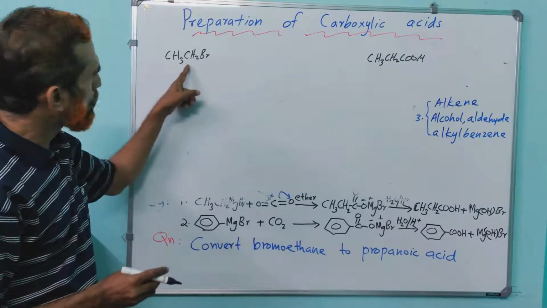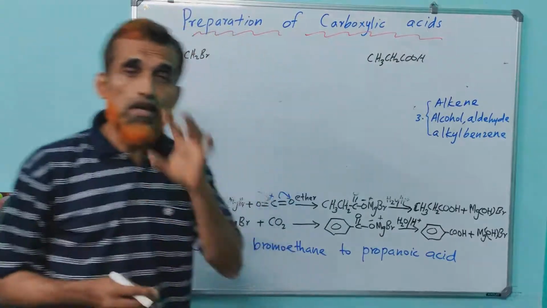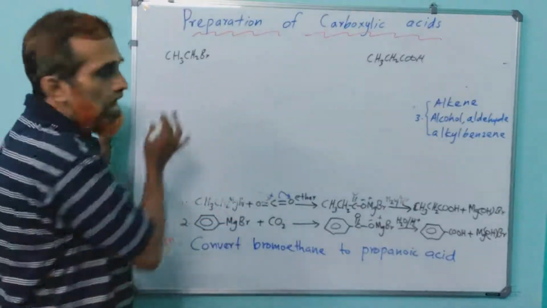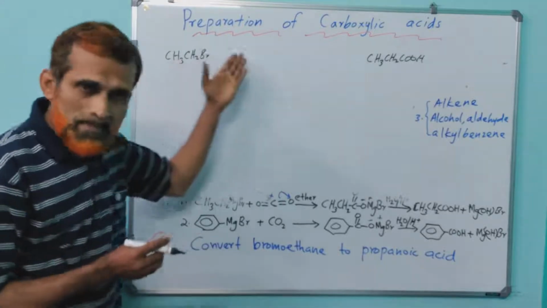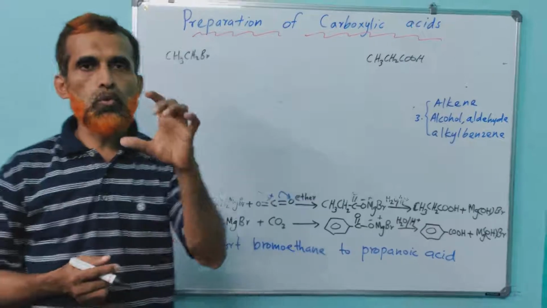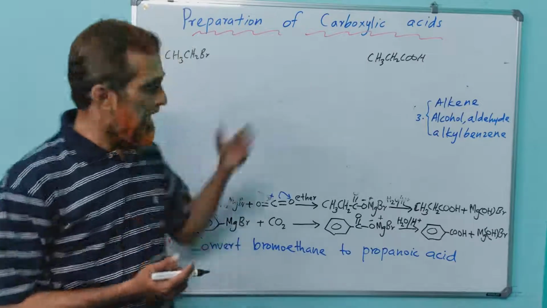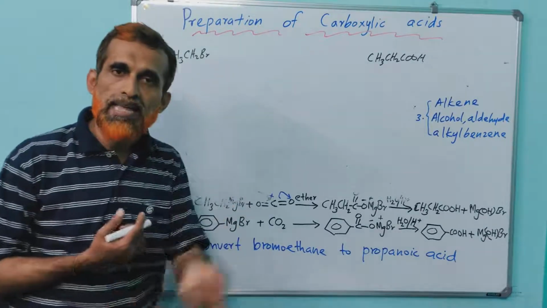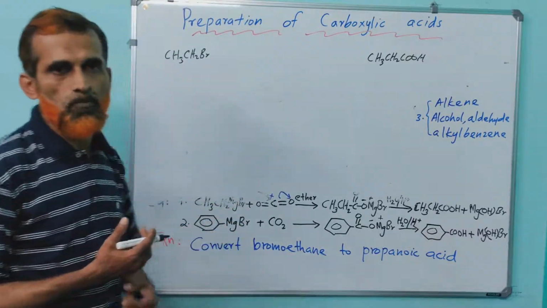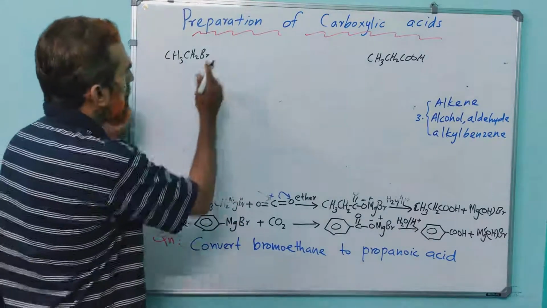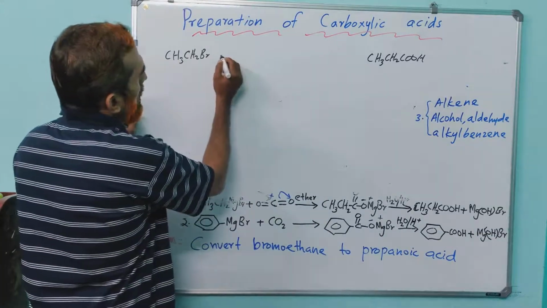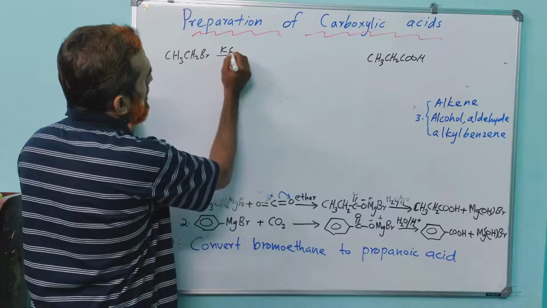So looking at these two, you can make an intelligent guess. This is ethyl group, 2 carbon, and here there are 3 carbon. So you understand that one carbon is to be added. You can add carbon in two ways. In nitrile method, you are adding carbon through CN. In Grignard method, you are adding carbon through CO2, isn't it? You can follow any method. If we are following nitrile synthesis, first you will treat it with KCN.